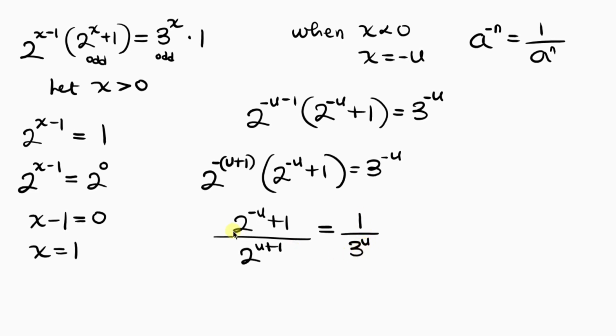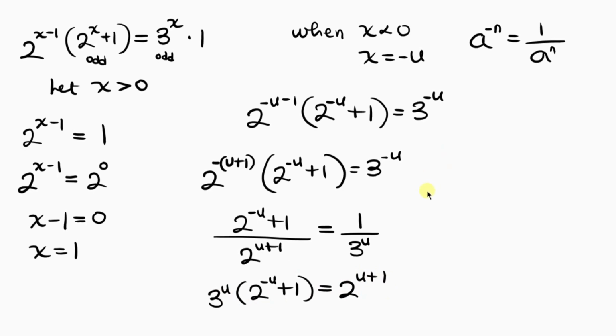Our next step will be for us to cross multiply. So on cross multiplying, we have 3 to the u multiplying 2 to the negative u plus 1, and this is equal to 2 to the u plus 1 times 1 gives the same thing, 2 to the u plus 1. Now let me go ahead and write this one again in another format.